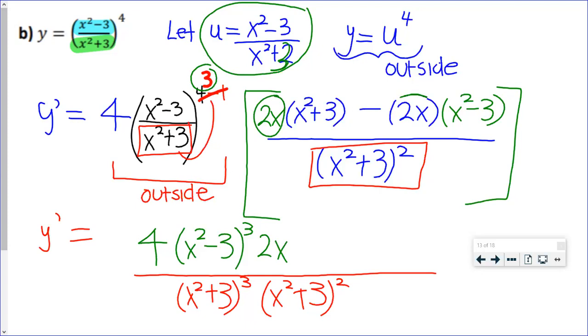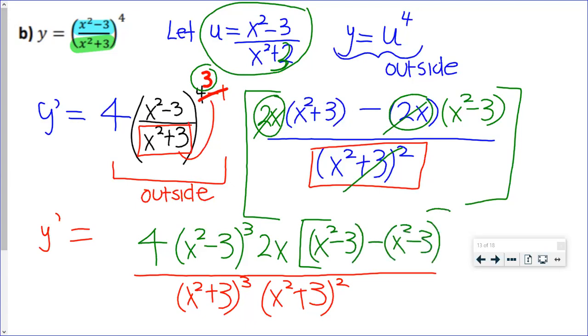I have a 2x and a 2x. So you can actually take 2x out as the greatest common factor. And inside of the square brackets, if I'm taking 2x out as the greatest common factor, and I've already taken my denominator out, I'm going to be left with x squared minus 3 minus x squared minus 3, which is great. That turns into 0.